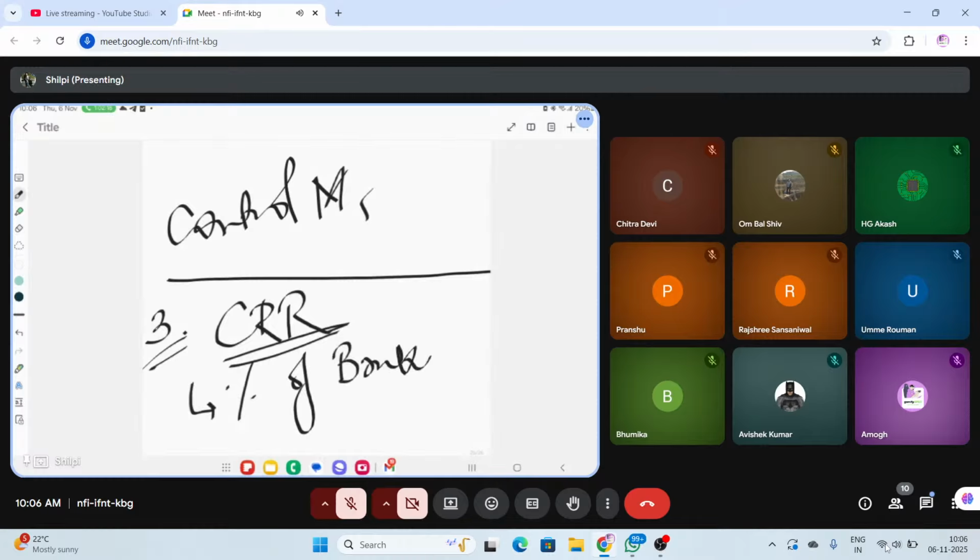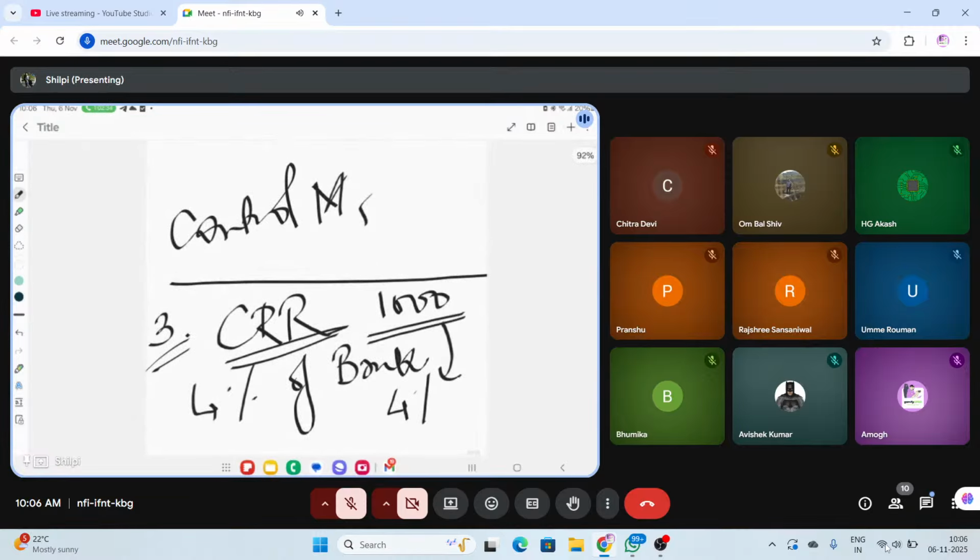For example, जो हम customers बहुत सारे deposits करते हैं commercial बैंक के साथ, तो अगर for example 1000 रुपीज के deposits commercial बैंक receive कर रहे हैं, उसका सिर्फ एक percentage, can be 4%, इसका एक particular amount of percentage बैंक को deposit करना पड़ेगा with the Reserve Bank of India in the form of cash. So cash reserve ratio, also known as CRR, is nothing but simply a percentage of the bank deposits kept as cash with the RBI.